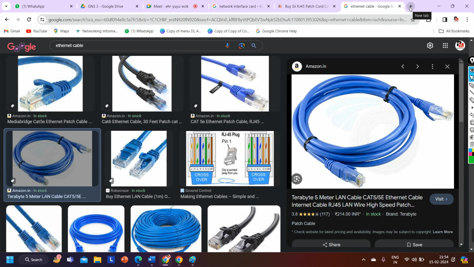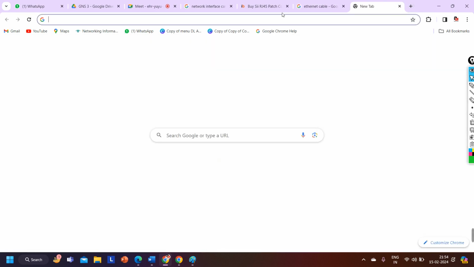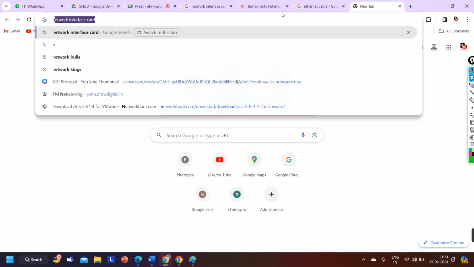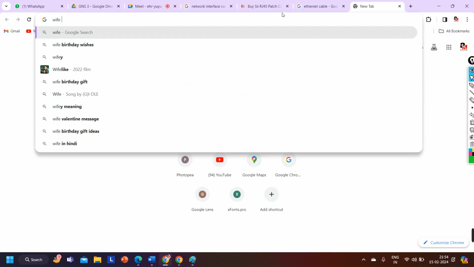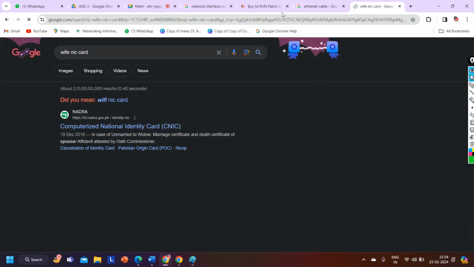Then you can connect your old CPU to Wi-Fi. You need to purchase this Wi-Fi NIC card. Let me check.